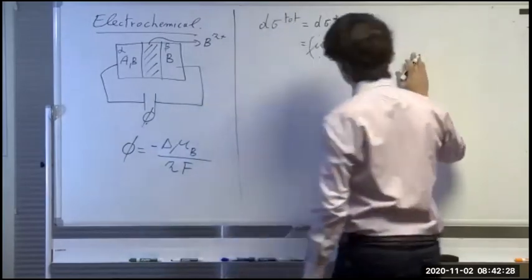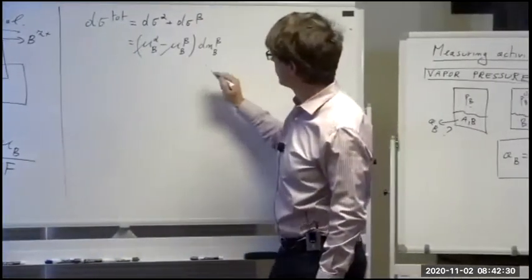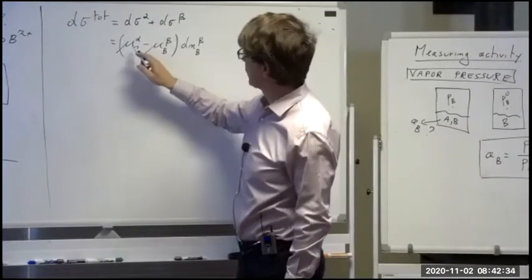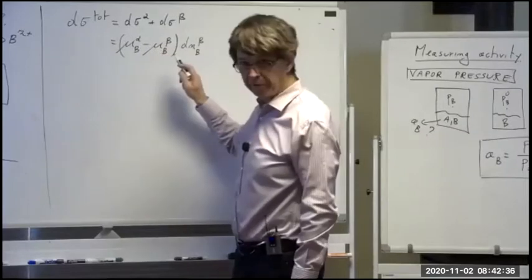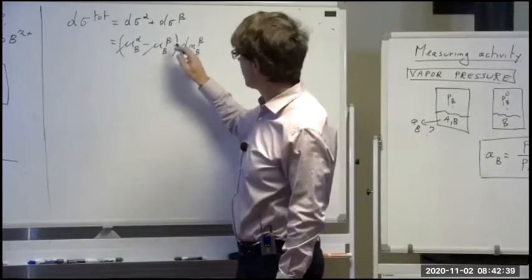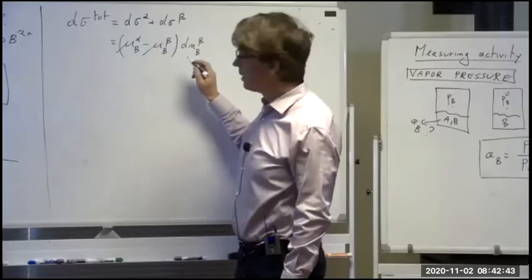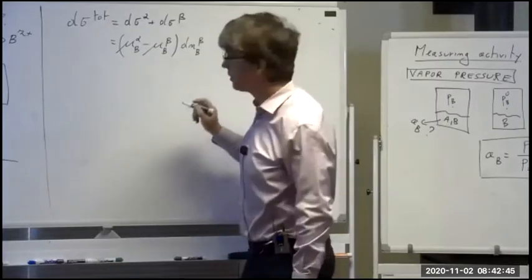So let's take one term at a time. There's more here, so don't worry. But you see where this comes from. I've gone a little faster. If I wrote this out, I would have mu B alpha dN alpha plus mu B beta dN beta. But then because the system is closed, dN B alpha is minus dN beta.